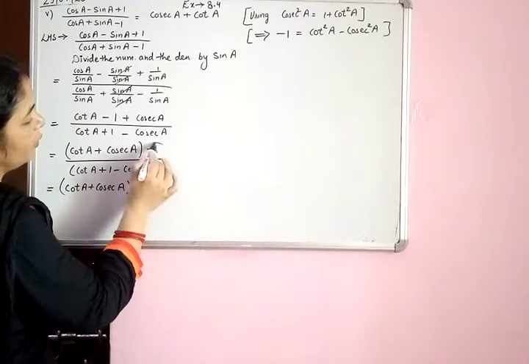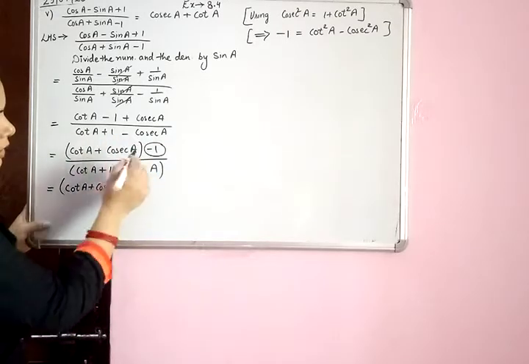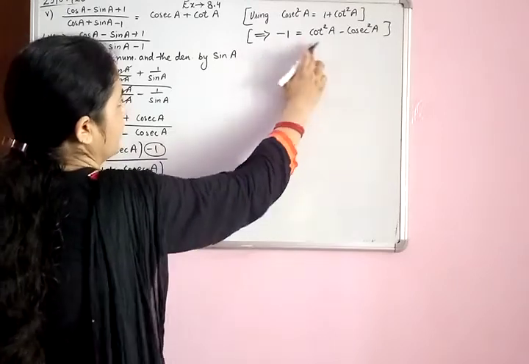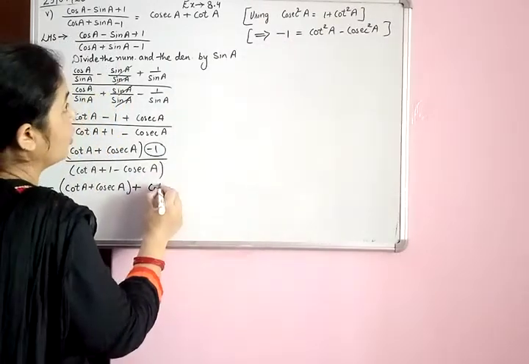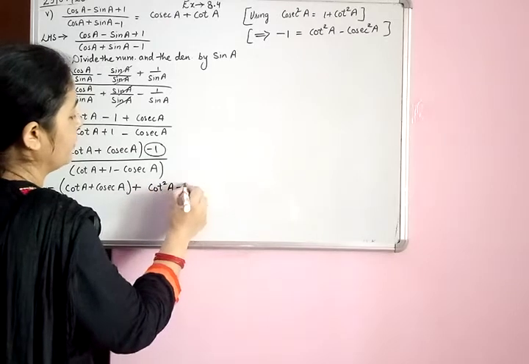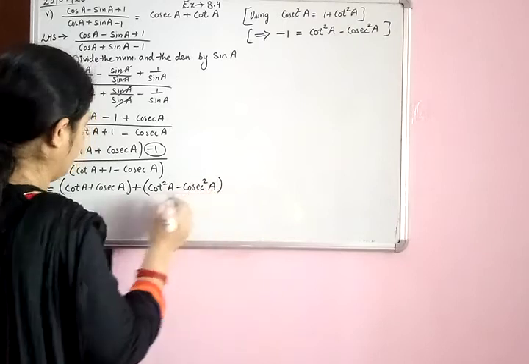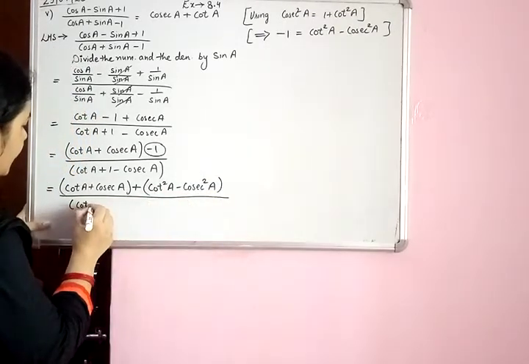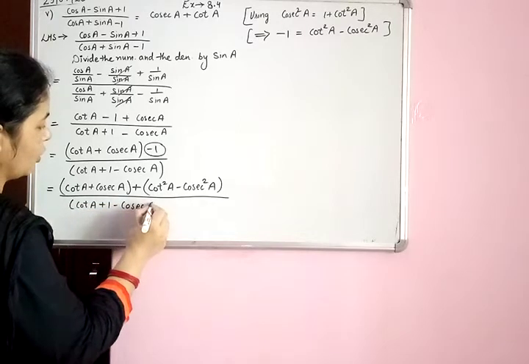Since we are replacing -1, here we have a plus sign now, because we replace -1 by plus cot square a minus cosec square a, upon cot a plus 1 minus cosec a.